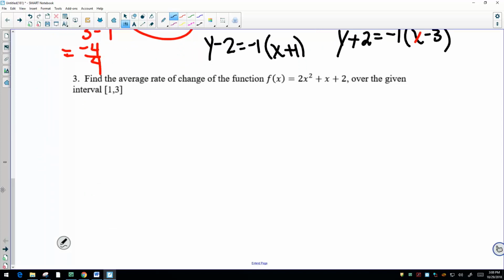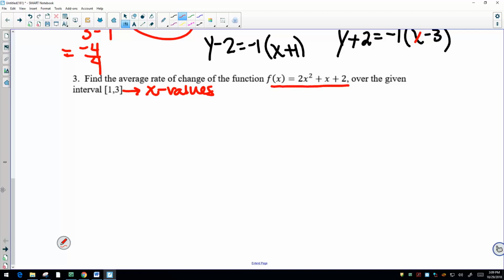Okay. Another way to ask average rate of change, so it's saying find the average rate of change for this function over the given interval. So when you see over the given interval, this is like saying our x values. So I have x values ranging from 1 to 3. So if I want to find the rate of change over that interval, now notice again, something different from up above, this is not an equation of a line.